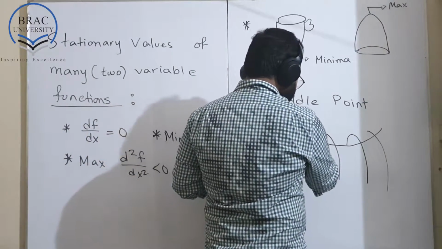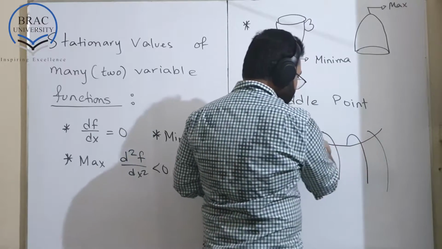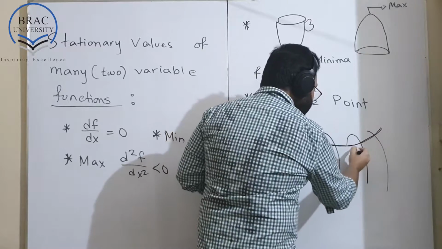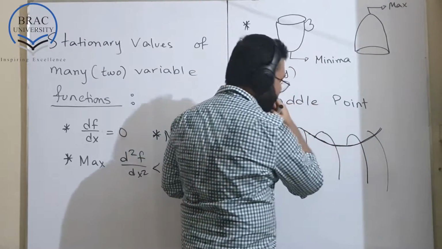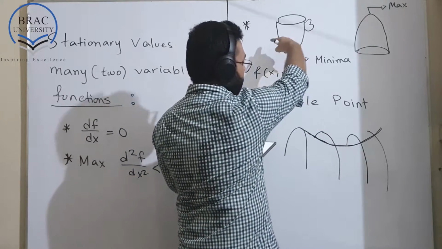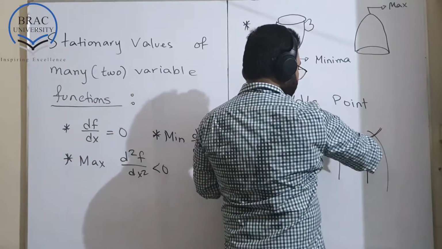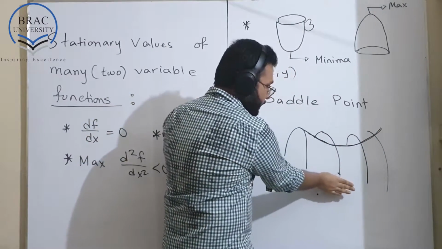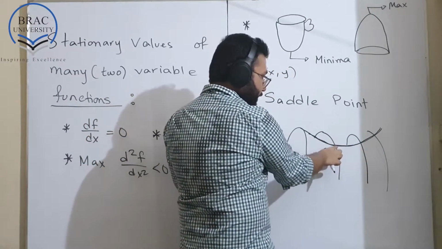Look at this. This place looks like a minima, right? Because it's curved like this. This should be a minima along this line. But along this other direction, this is the highest point, right?